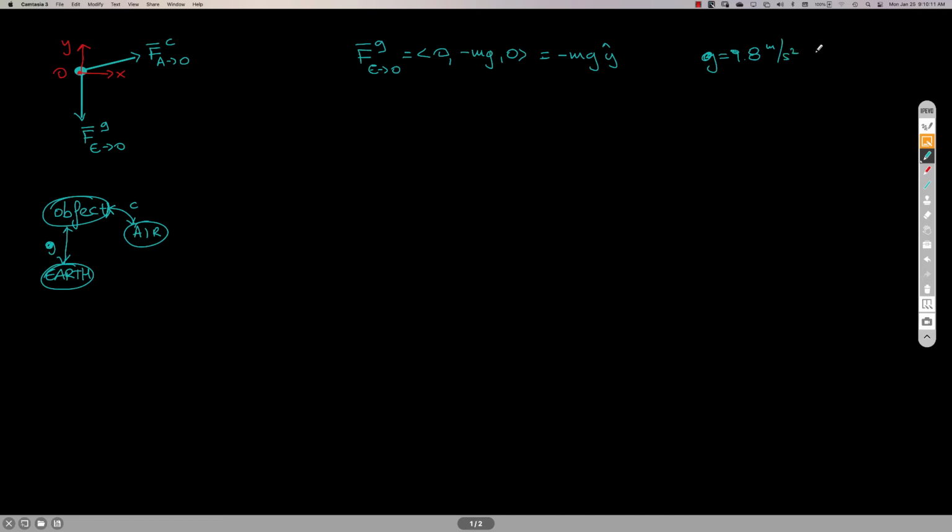And I can remind you with g I assume 9.8 meters per second squared. Now, the second force that I have to think about is the contact force from the air on the object. I will make the assumption here, even though I will be adding some more to the model that we use in introductory physics, that I'm not adding everything that we know about the contact interaction from the air to the projectile.